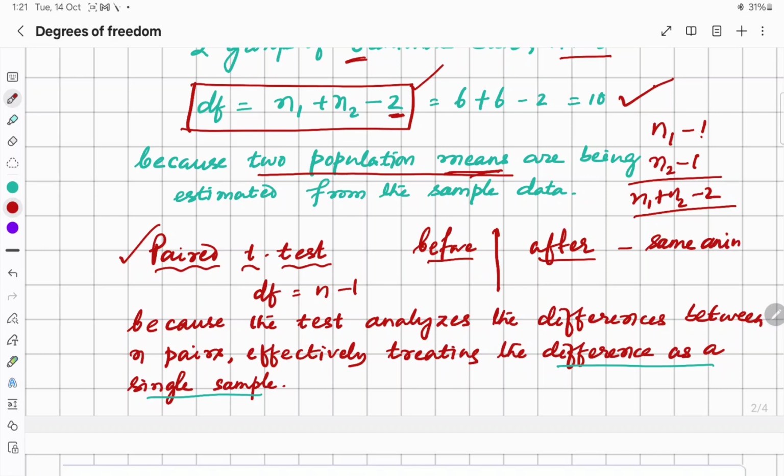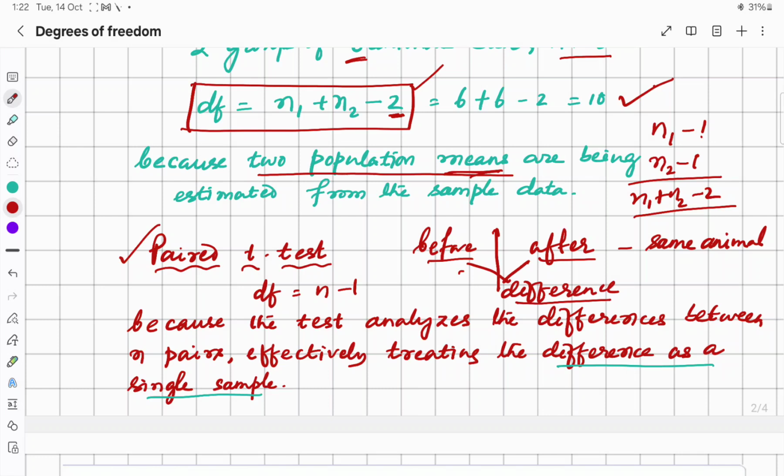So in that case we will have a single sample, because here we will calculate the difference between these 2 values, and that difference we use as the single sample. So here the test analyzes the differences between each pair.